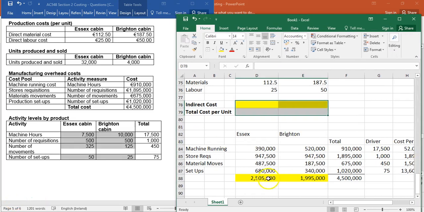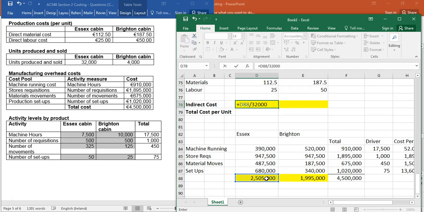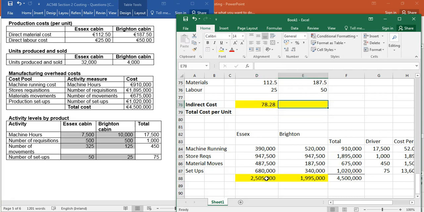So once you have the total overheads, we can then allocate it per unit. So remember, in ABC, you will always do totals first, total basis, and then go back to per unit. So Essex is 2.5 over 32,000 units, and Brighton is around 2 million, but that is only 4,000 units because it's a lot smaller volume new product.